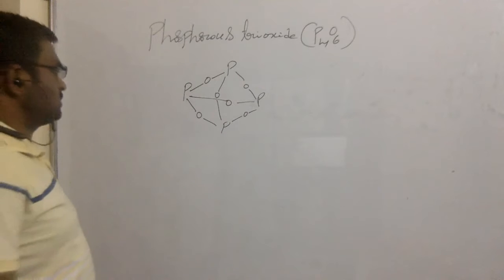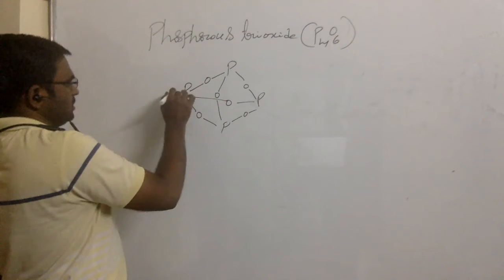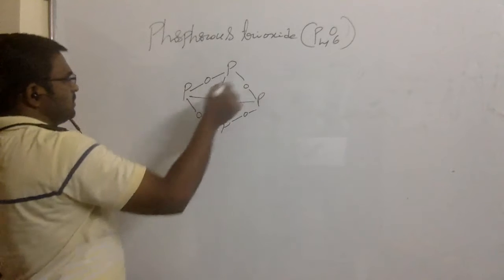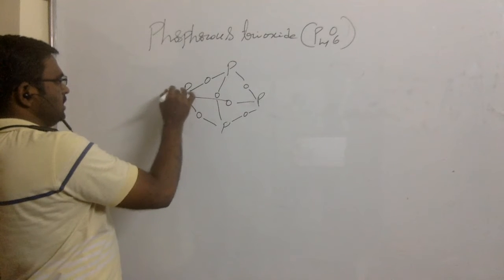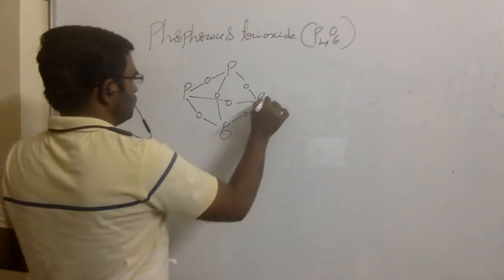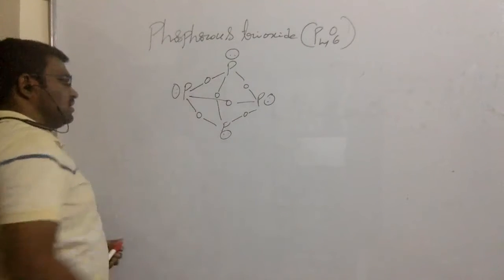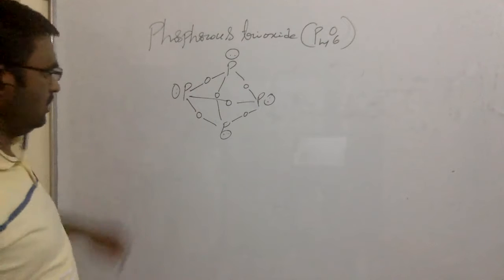Valence electrons of phosphorus are 5, but in phosphorus trioxide each phosphorus is bonded with only 3 oxygens. Remember it. The remaining 2 electrons are called one lone pair of electrons.